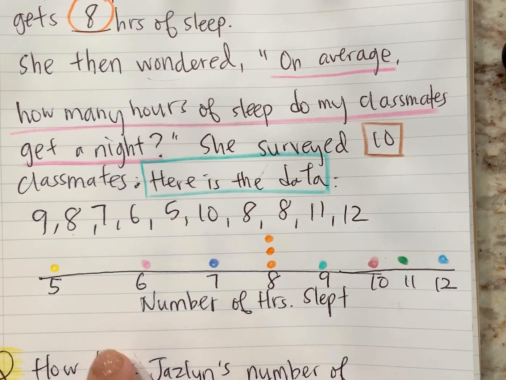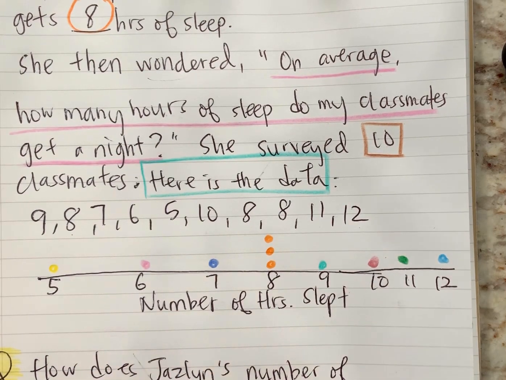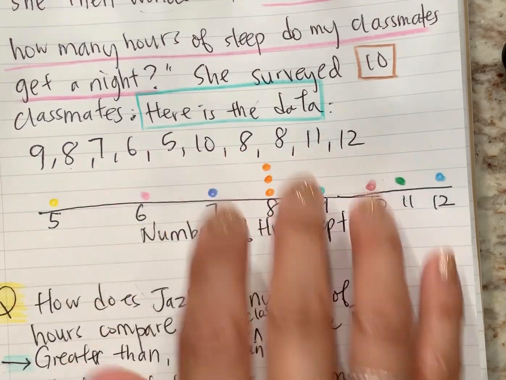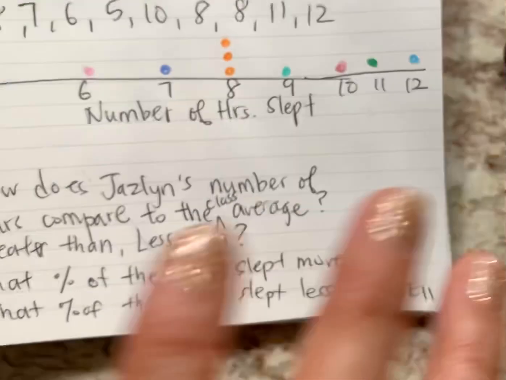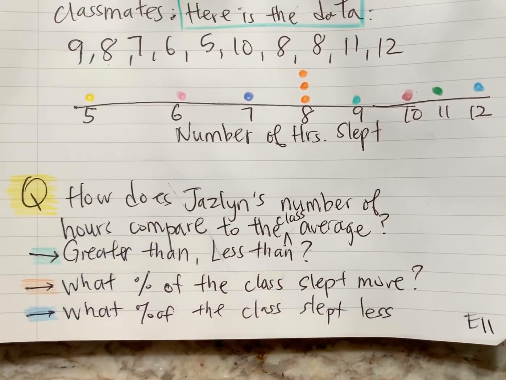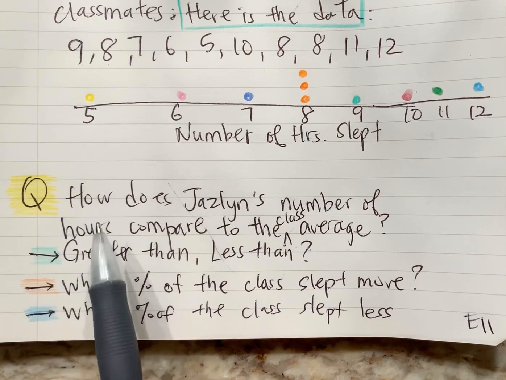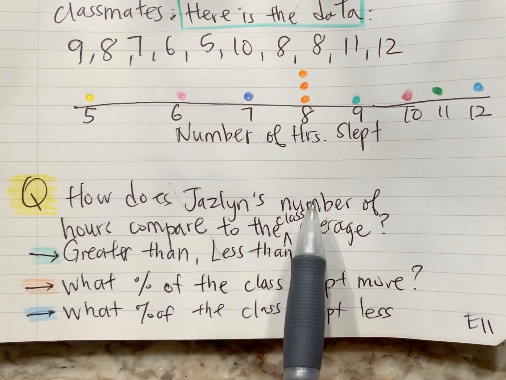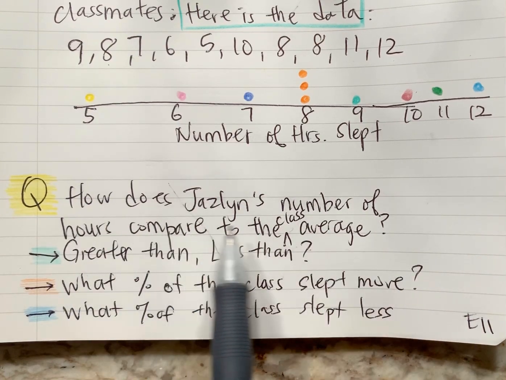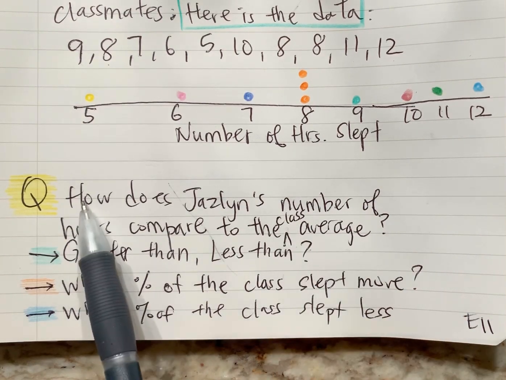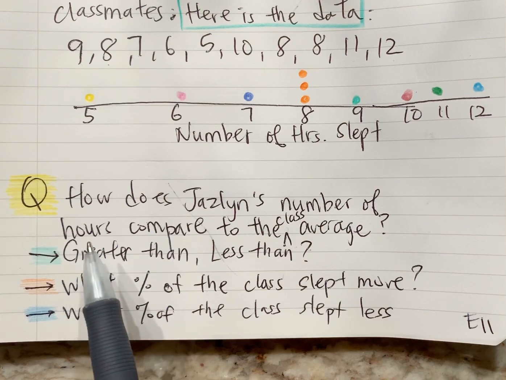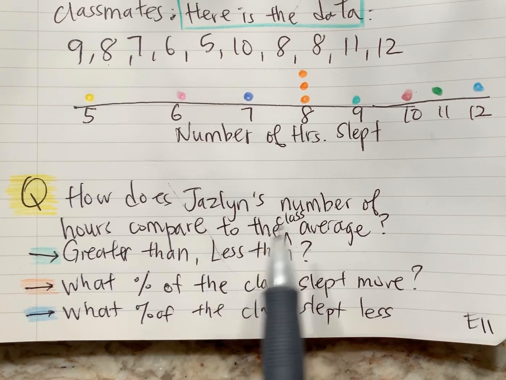But if you feel like you can just rely on the video to look at the dot plot or just look at this data, then you can just write down these questions here because you're going to have to answer this main question, which says: how does Jaslyn's number of hours compare to the class average?